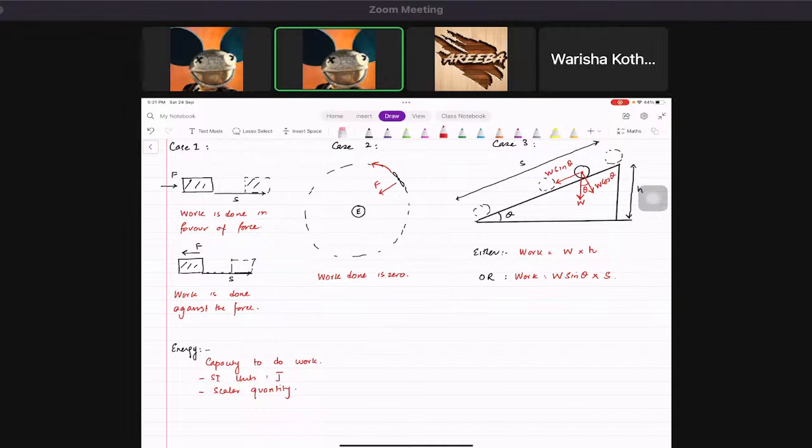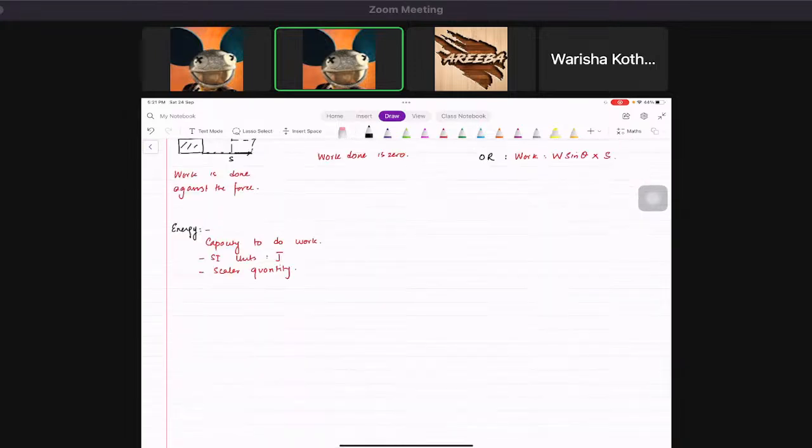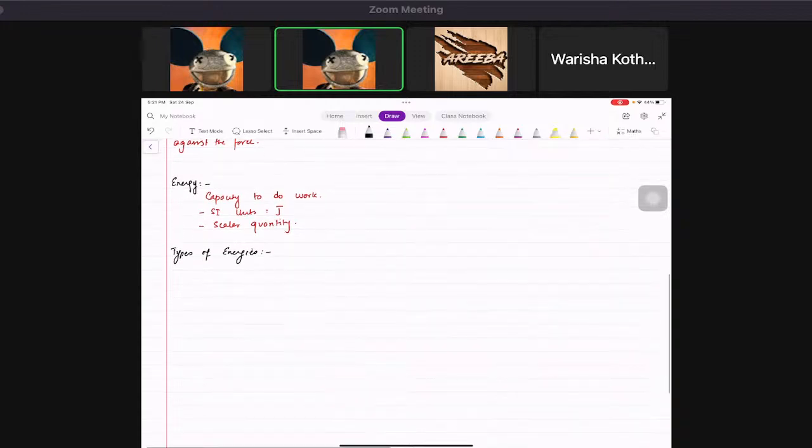Now, energy has many types. Let's discuss some of them. One of those is potential energy, and potential energy has some subtypes as well, like elastic potential, gravitational potential, and electric potential energy.